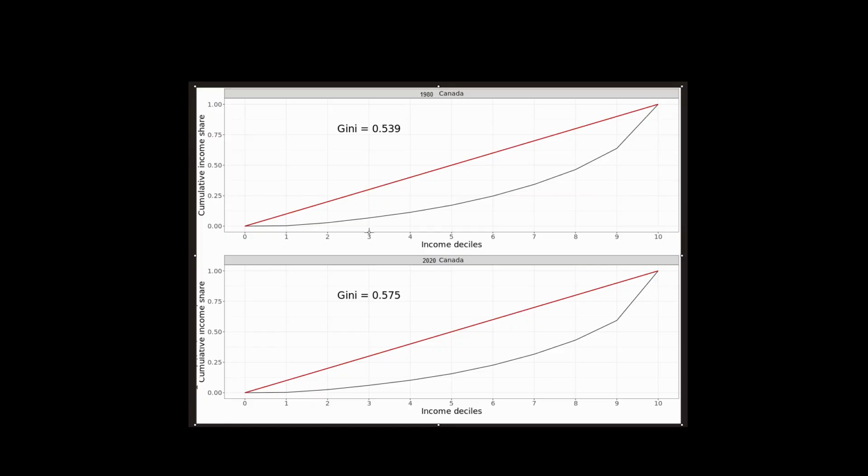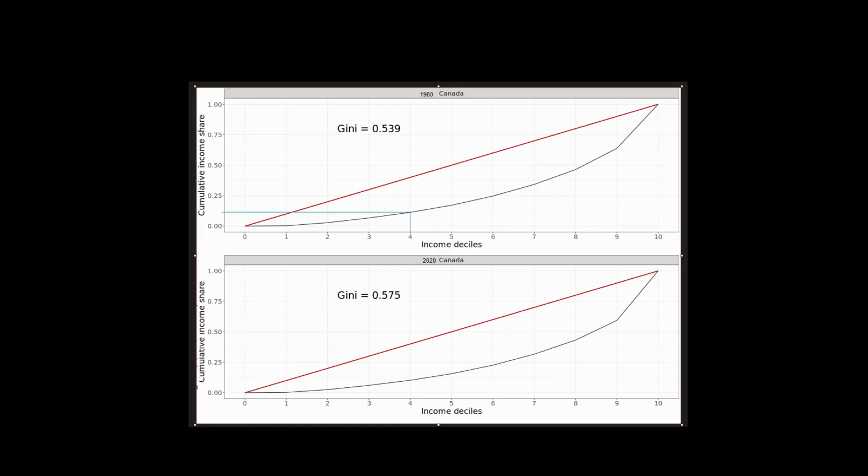we can say that in the 1980s, let's say the bottom 40% of our population, up to there, let's maybe use a bit of a different tool. There we go. The bottom 40% accounted for about 12% of the national income.